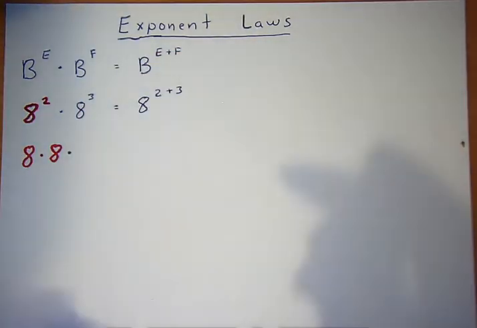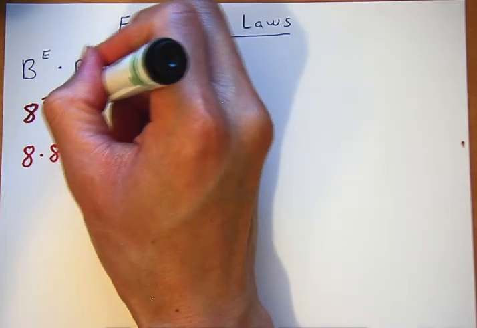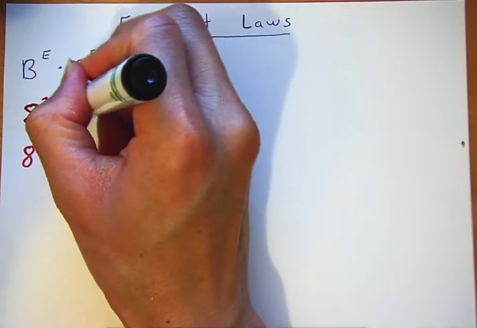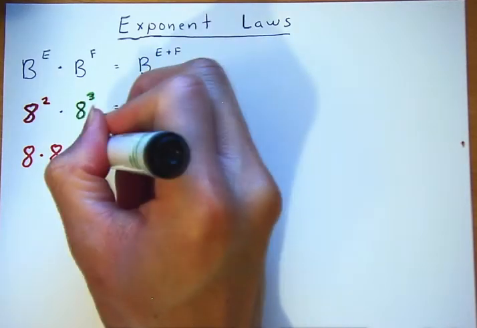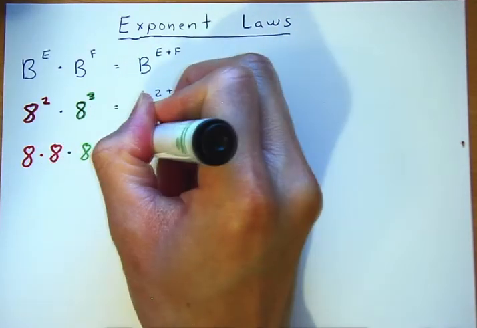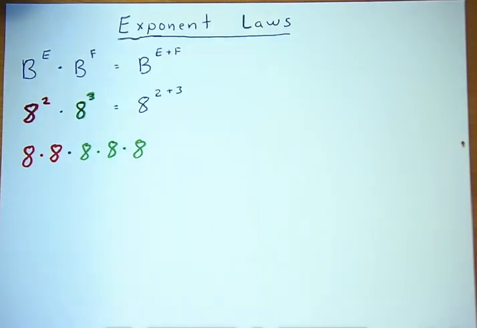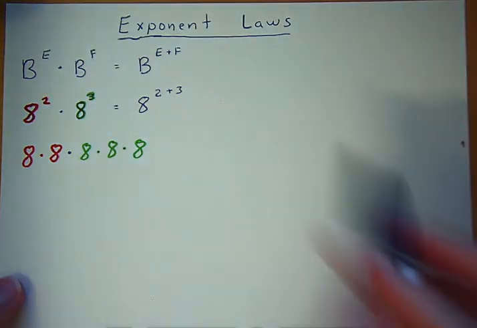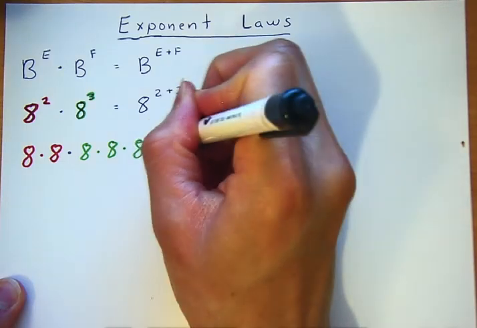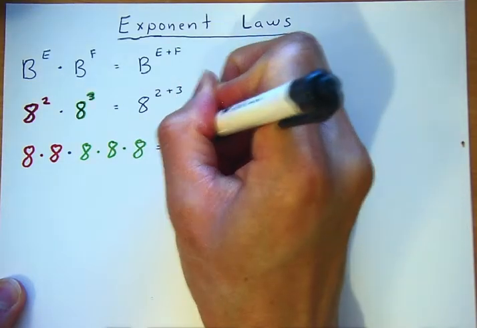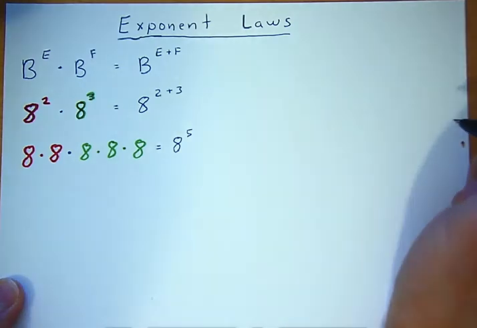And then this 3 says that the thing right in front of the 3 happens 3 times. So then you have 8 times 8 times 8 times 8 times 8, which is 8 to the 5 power. Okay.